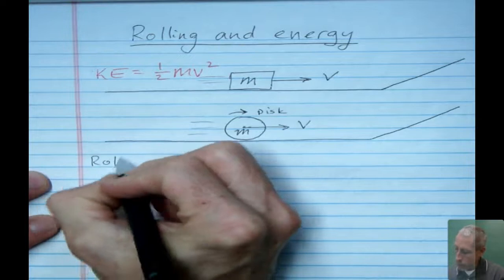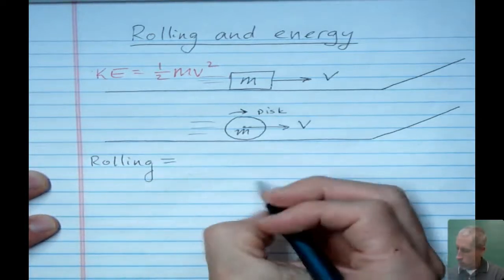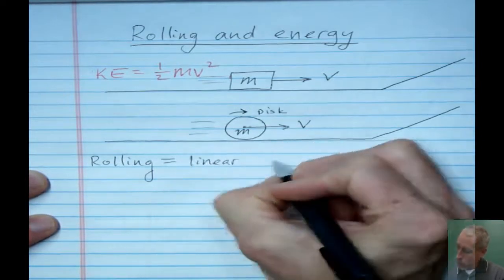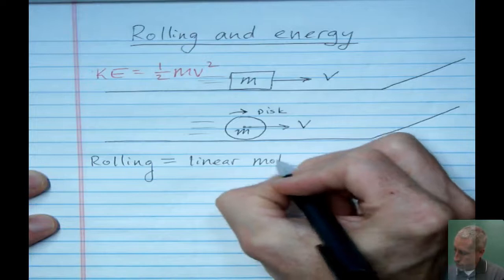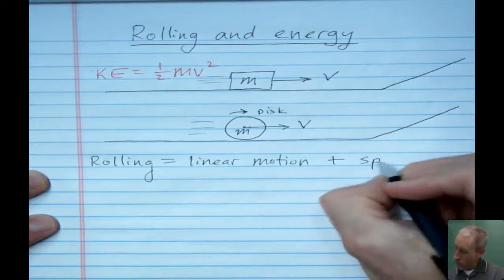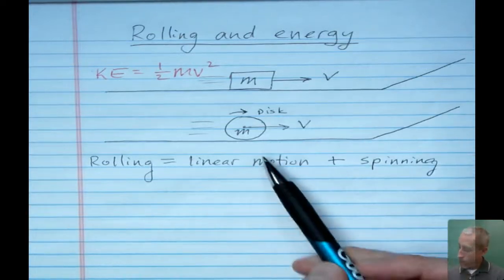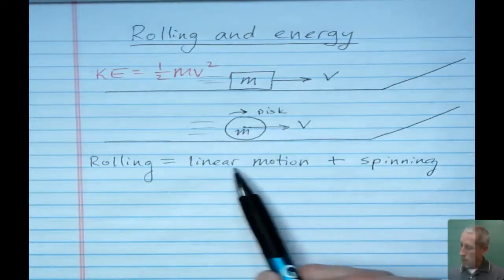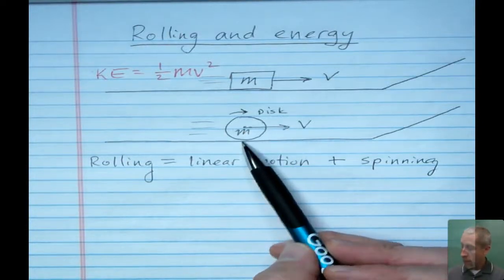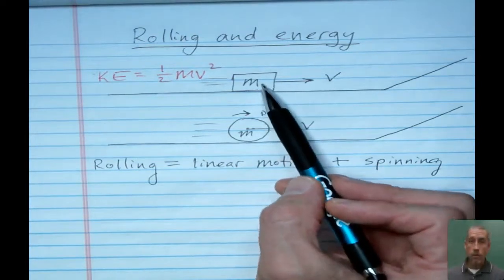We treat rolling objects as objects that are equivalent to those with linear motion plus spinning motion. If you imagine that this object here has its linear motion v, that means the entire thing, instead of rolling, is kind of sliding forward, just like the mass up here is.